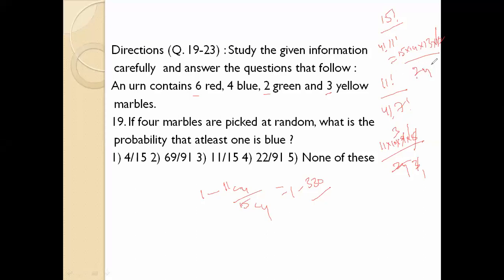Simplifying, we get 15 into 7 into 13, which gives 1365. Then simplifying the fraction, the LCM is 91. 91 minus 22 gives 69 by 91. Option number 2 is the right answer.